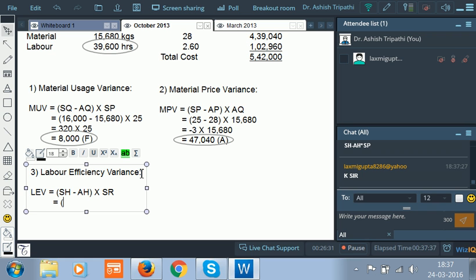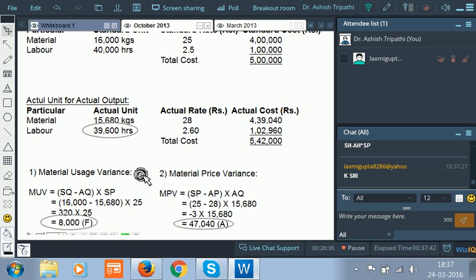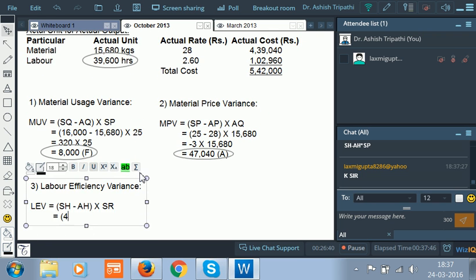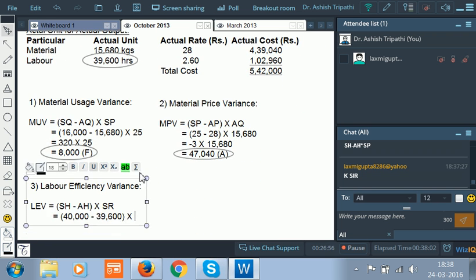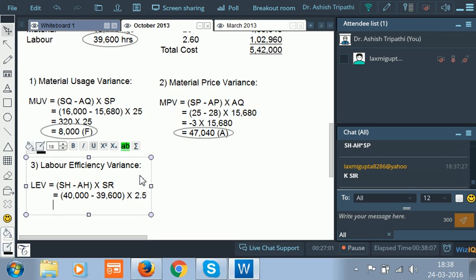Now let us put the values. Standard hour is 40,000. So 40,000 minus actual hour 39,600 into standard rate 2.5.